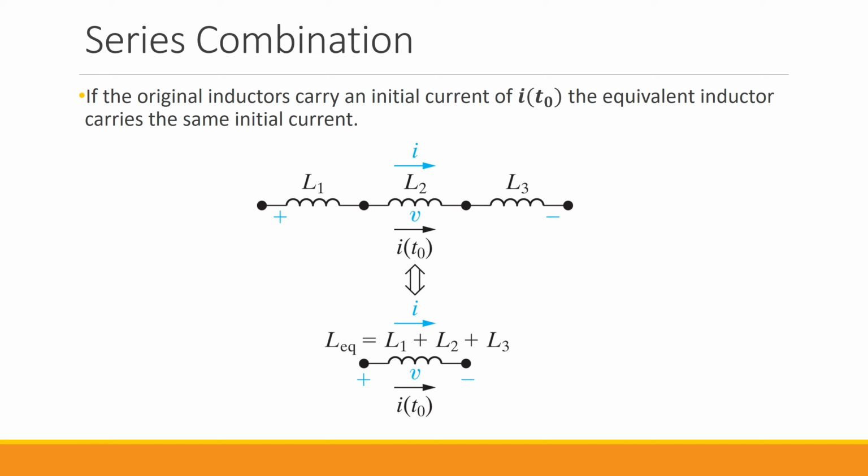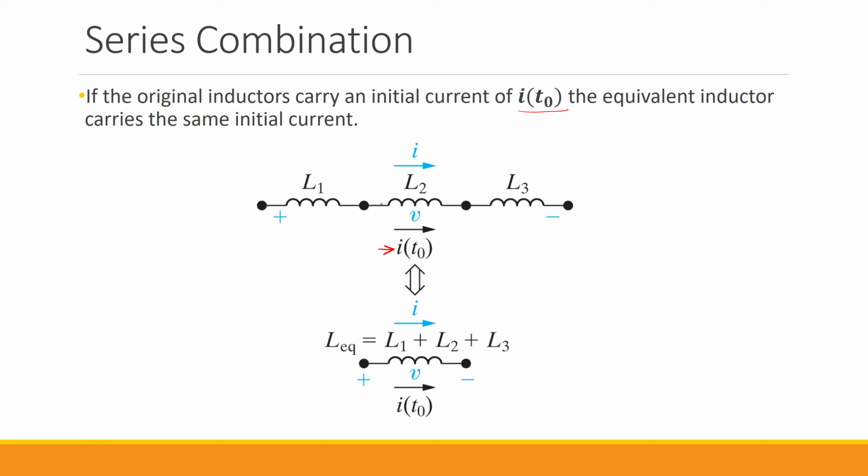But there is one difference, because with resistors we didn't have any initial voltages or initial currents, right? But with inductors we have what we call the initial current. So if the original inductors carry an initial current of I at t0, and remember, this current needs to be the same for all of them to be able to connect these three together.